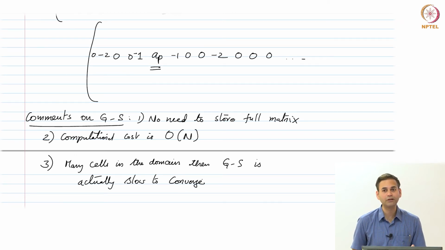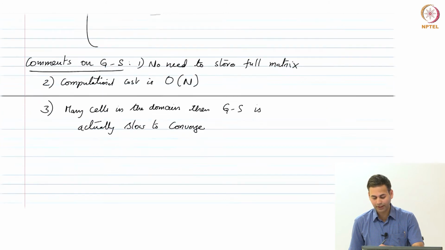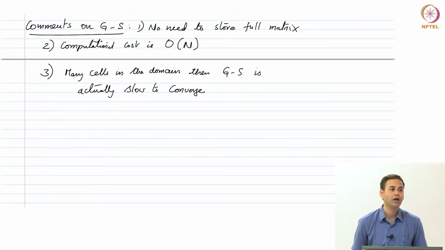This is a negative point for Gauss-Seidel, but we will look at a few techniques which will accelerate the convergence if we have a large number of cells. For example, if you have 100 cells, Gauss-Seidel might work quickly, but if you have 1000 cells or a million cells, then Gauss-Seidel will take a long time to converge to within that epsilon.